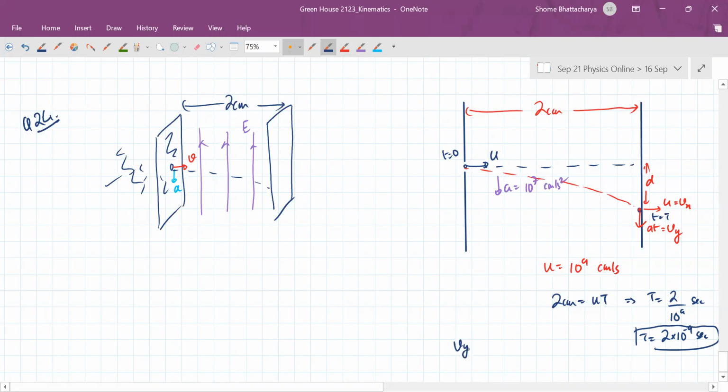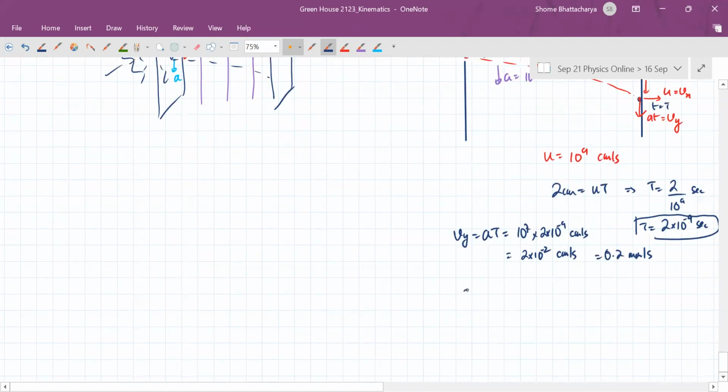So the vertically downward component of velocity will become this, or you can say 0.2 millimeters per second.